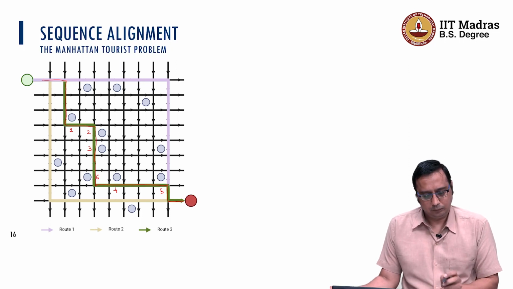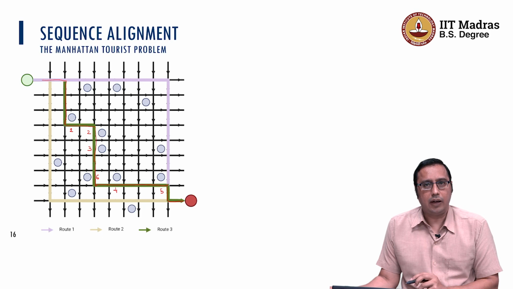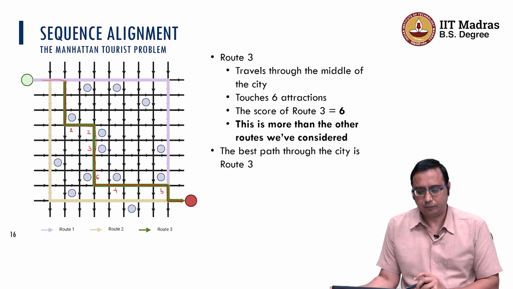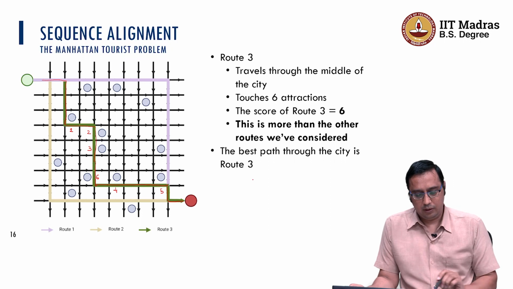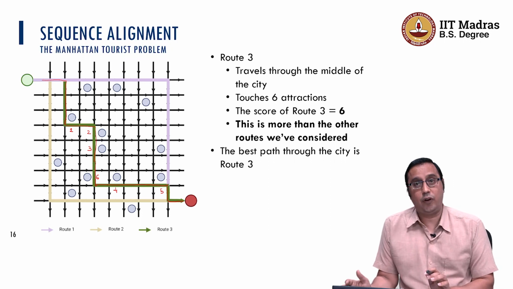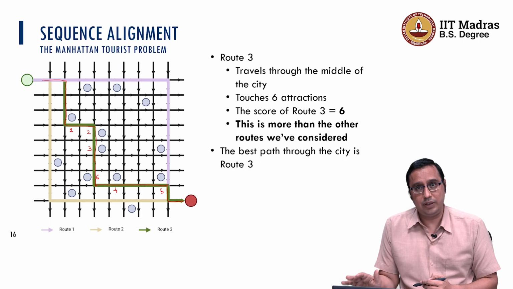Correct? So I now have 6 attractions on this route and have visited all of them. This is more than any other route we have considered. It's better than route 1 and route 2, and currently for us the best path through the city is route 3. There might be other better paths which can go beyond 6.